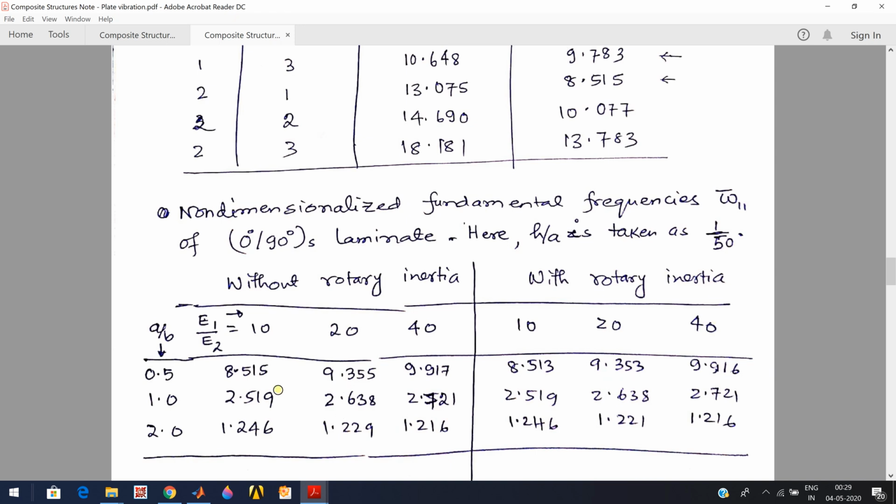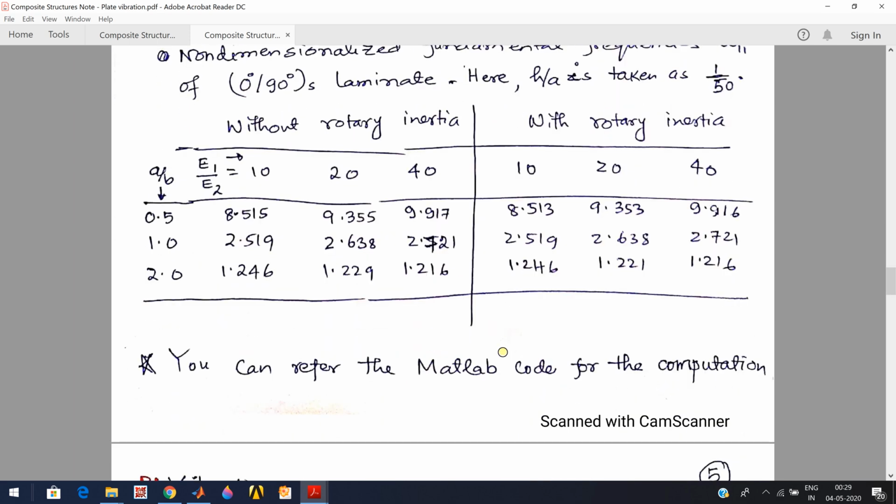So you can see 8.515, it is 8.513. It's negligibly lower, you can say.